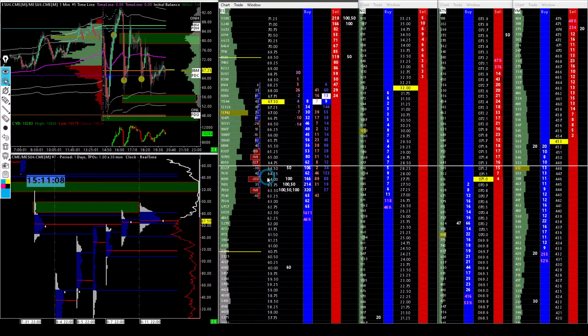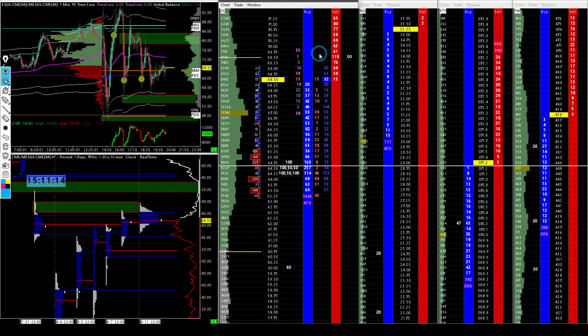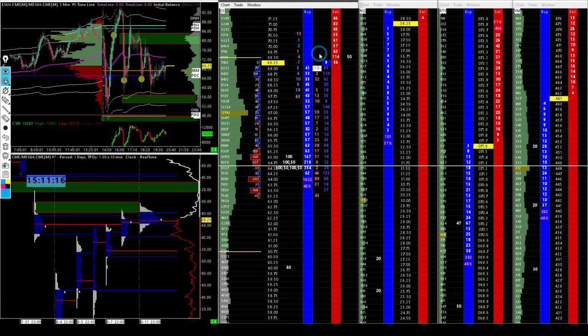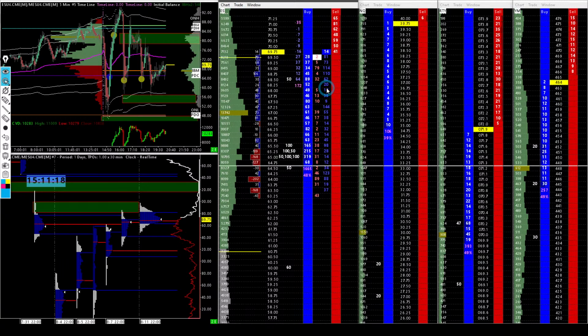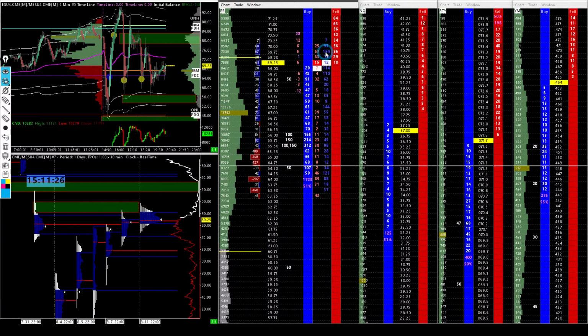So the difference than when price is down here is there just doesn't seem to be any offer in the way right now. See that? There's just no offer really. So taking out that 50, now you can see there's 154 contracts absorbed. Let's see if they're going to continually step in.